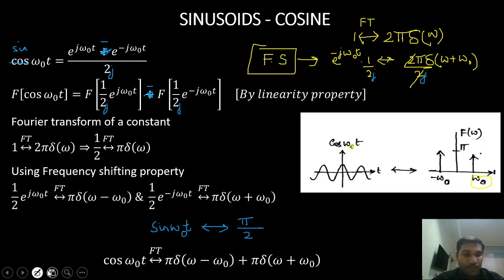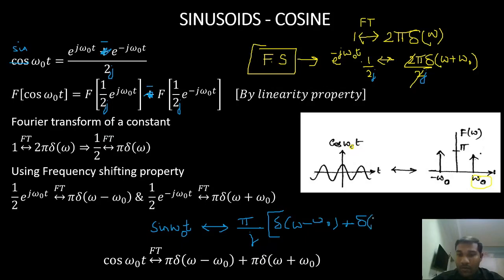In the yellow color, I have pi by j delta of omega minus omega naught, and then delta of omega plus omega naught.